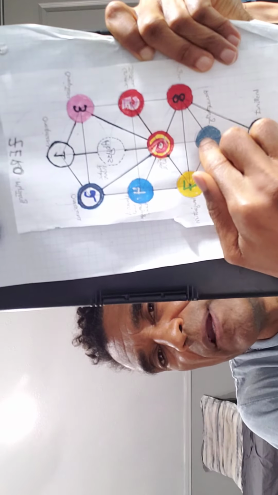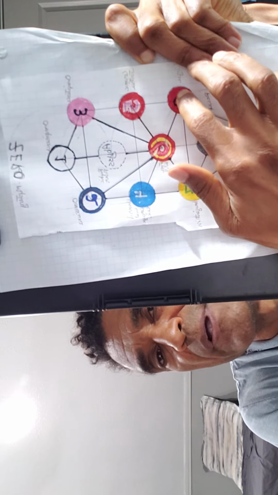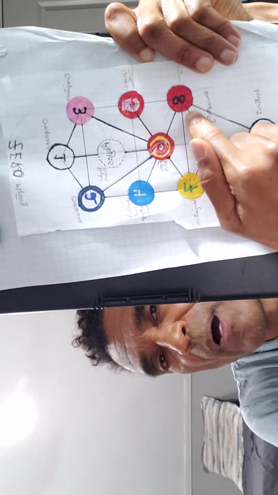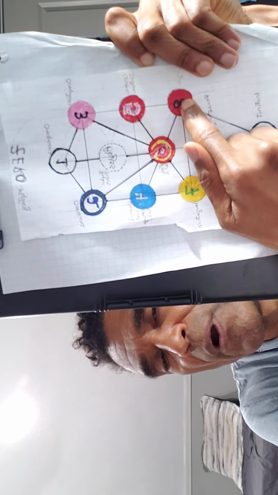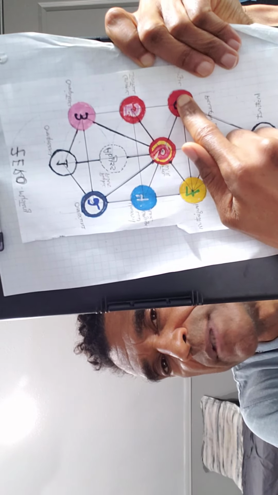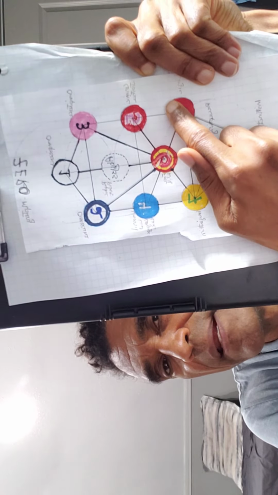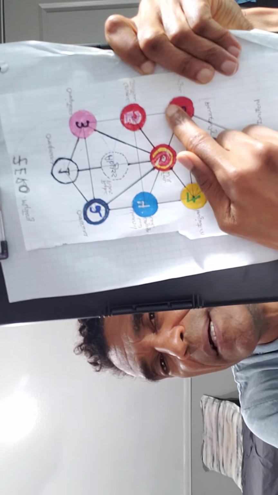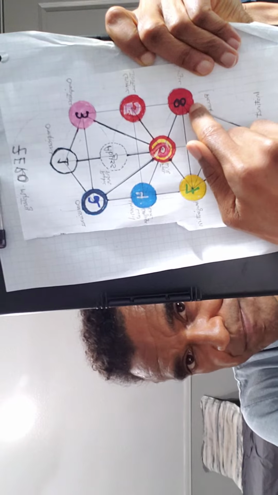Okay, now, if the 9th sphere is the domestic sphere, the 8th sphere is more like the public sphere. So this is what we get once we start going out in public. We go to school, we go to church, we go to the grocery store, we go to the rec center, wherever we're going, we go to the neighbor's house, and we begin to get the common sense, the conventional wisdom, the expert opinion.